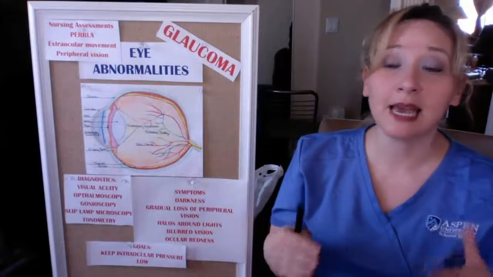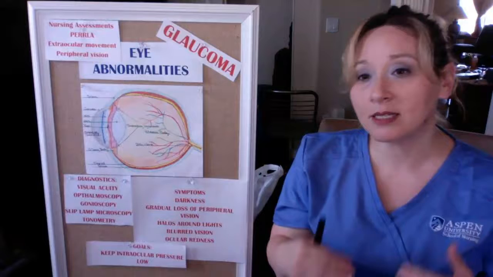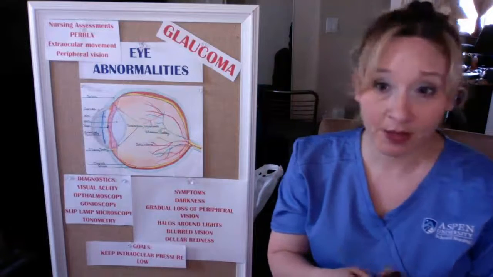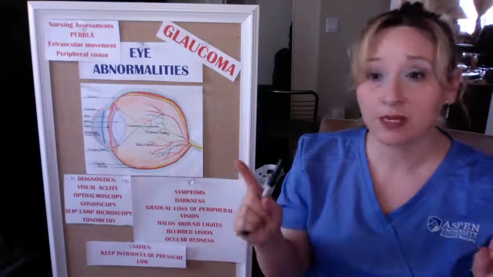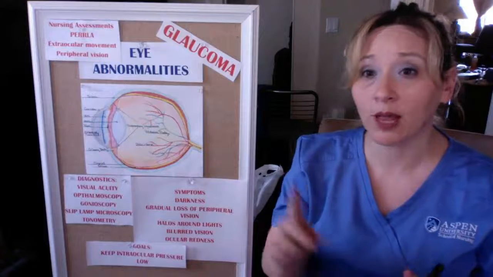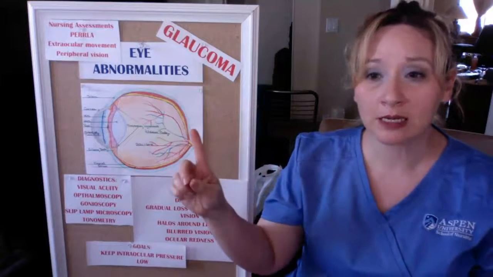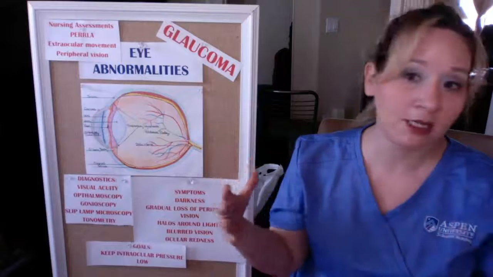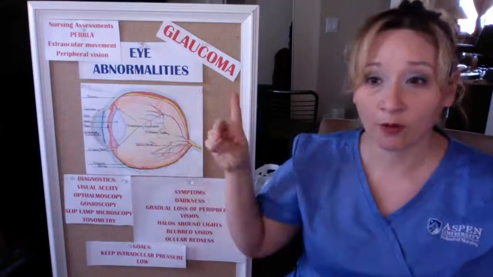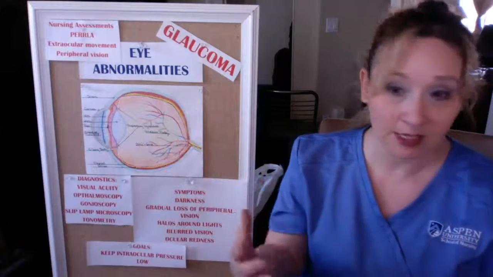Glaucoma is a disease that causes increased intraocular pressure in the eye, and the tissue damage due to that pressure will actually exist in the peripheral vision. So someone who has glaucoma will start to see a decrease in their peripheral vision and unable to see at that point.